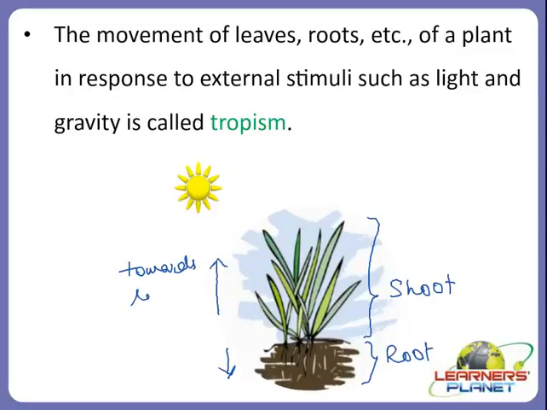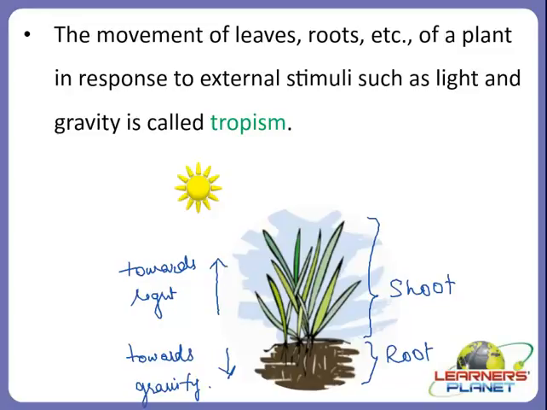This is towards light and this is towards gravity. So always remember tropism: movement of certain parts of the plant in response to external stimuli such as light and gravity is called tropism.